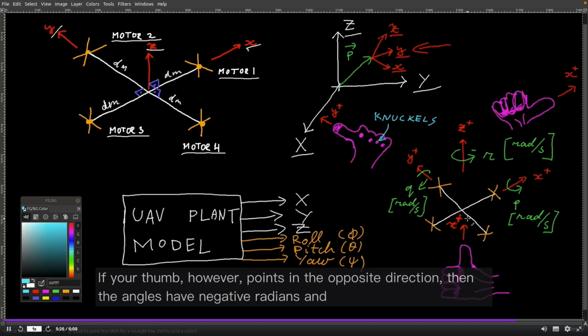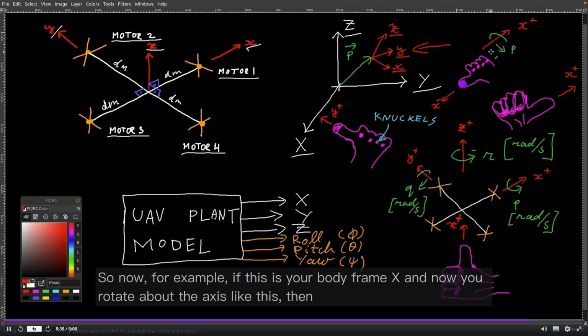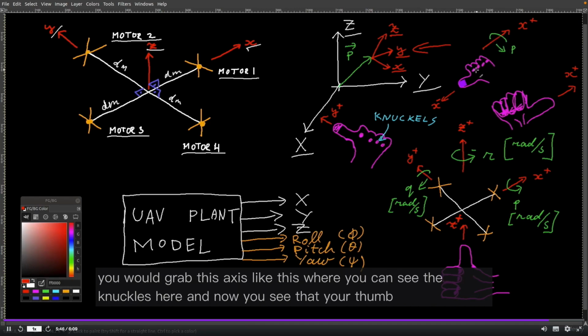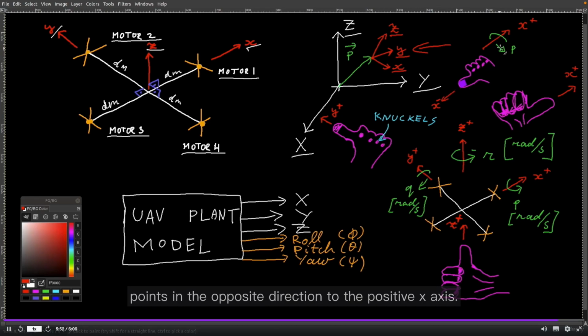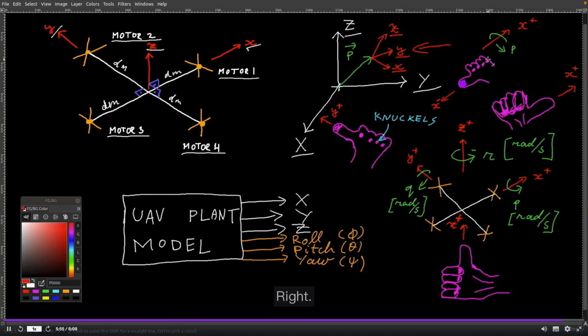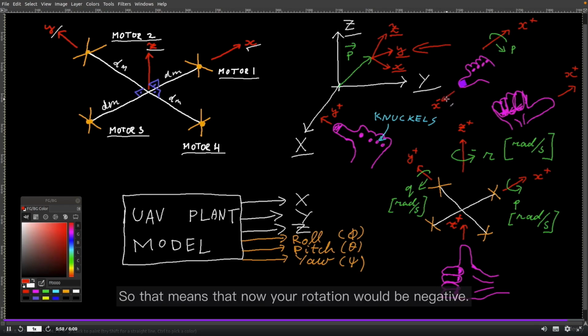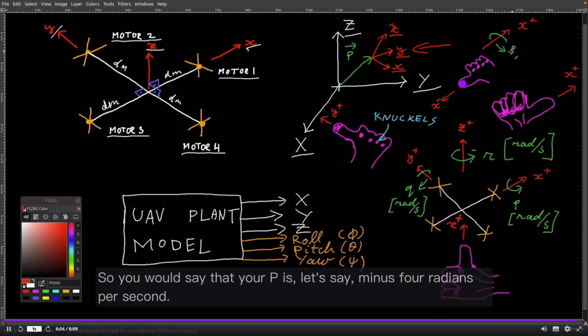If your thumb, however, points in the opposite direction, then the angles have negative radians and therefore the rotation is negative. For example, if this is your body frame x and you rotate about the axis like this, you would grab this axis like this where you can see the knuckles here, and now you see that your thumb points in the opposite direction to the positive x-axis. That means your rotation would be negative. So you would say that your P is, let's say, minus 4 radians per second.